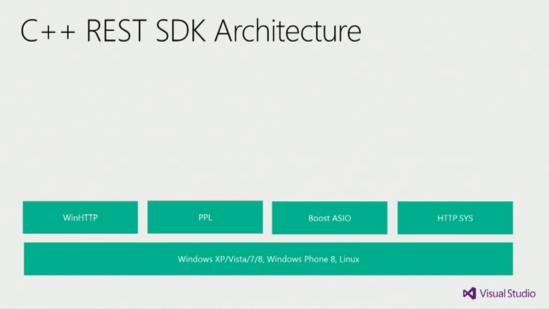PPL, which Dion touched on in his talk earlier, which is our programming model for composing asynchronous operations in general in C++ on Windows, but we're leveraging it fully in Casablanca. Boost ASIO is what we're using on Linux for communication. And HTTP Sys is the Windows server-side stack for HTTP.